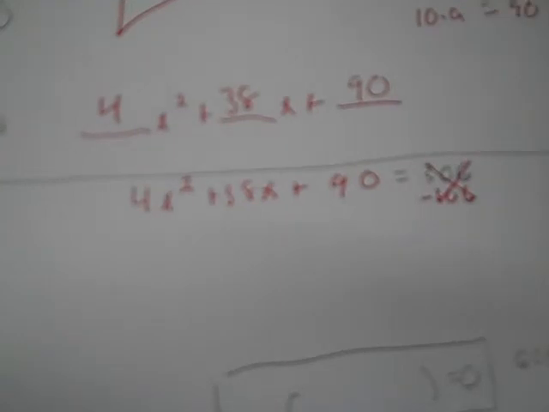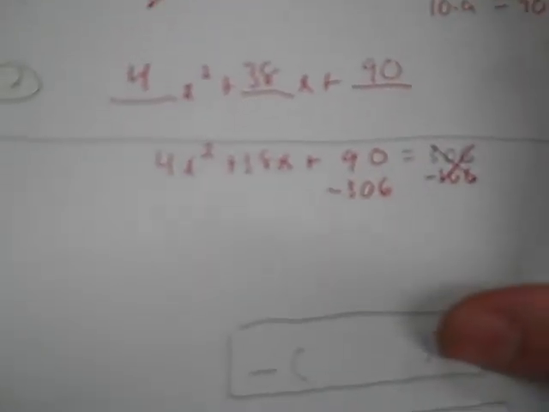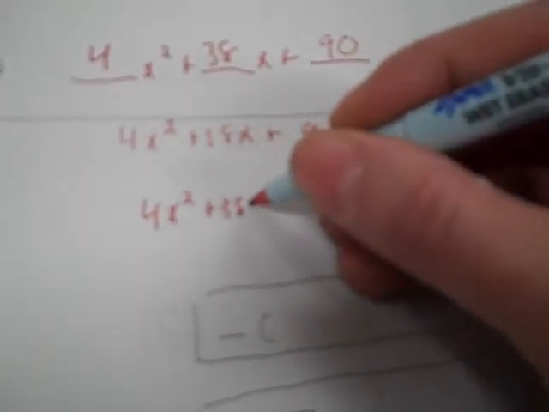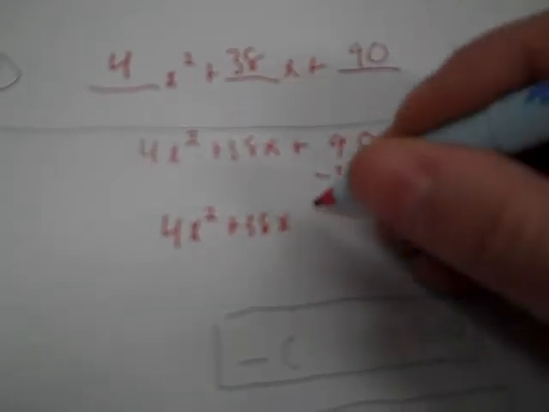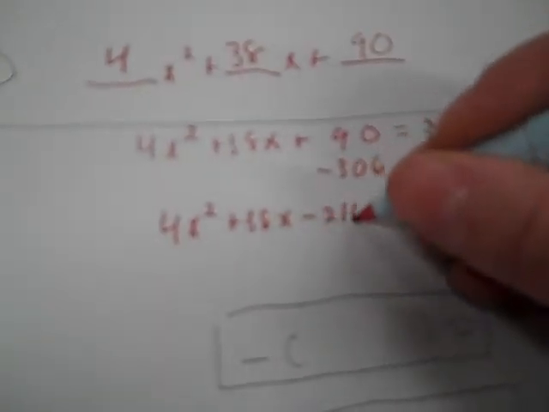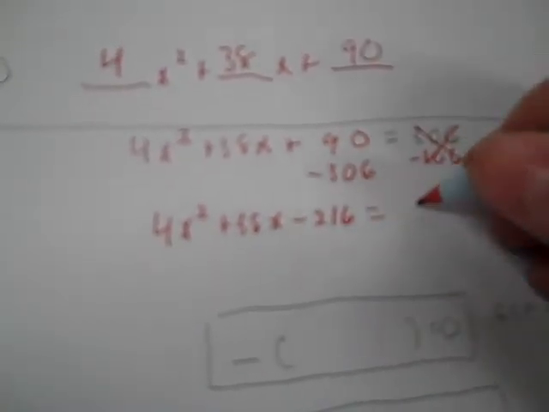So what could I subtract 306 from on the other side? Well, how about 90? That'll work. So I now have 4x to the second plus 38x, and then I take 90 minus 306. That's negative 216. Now I have 0.